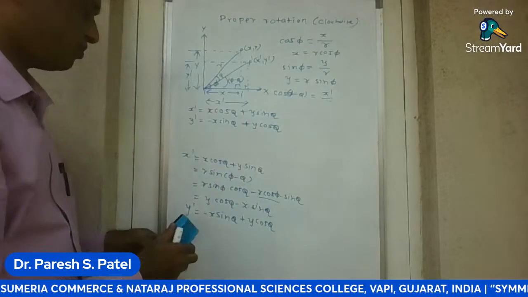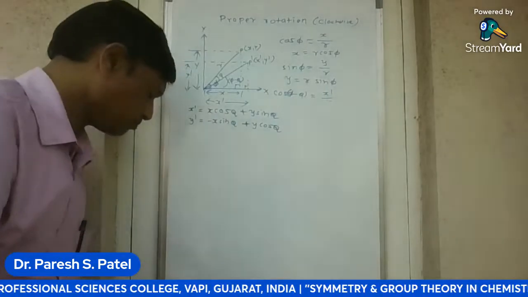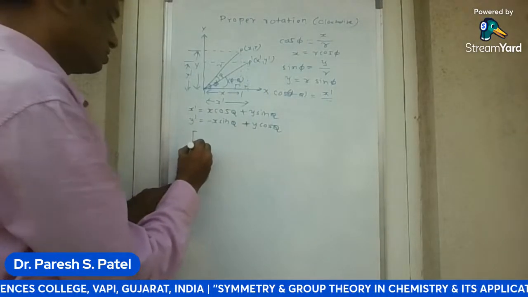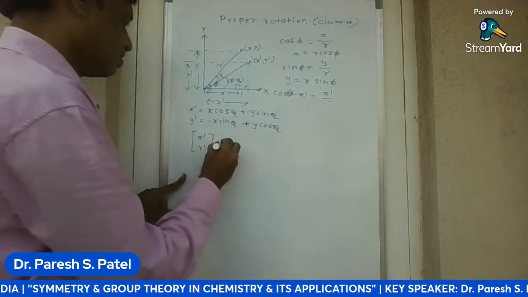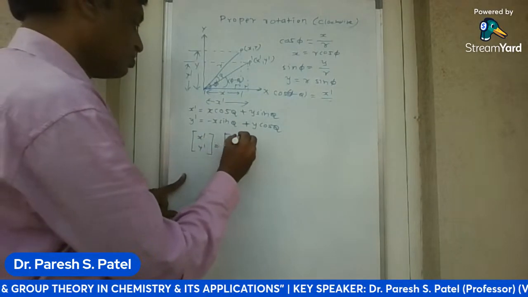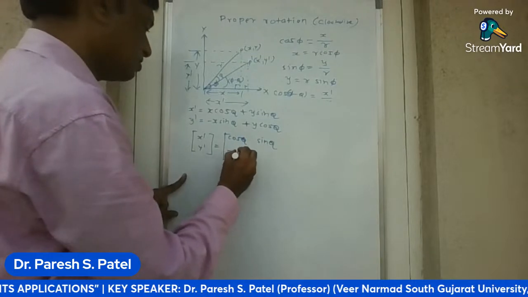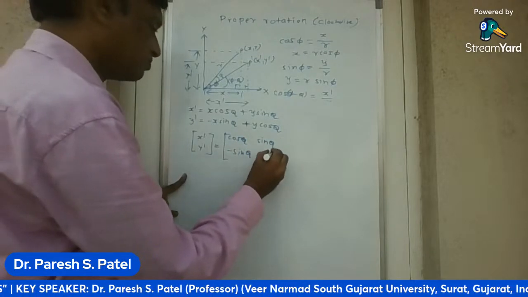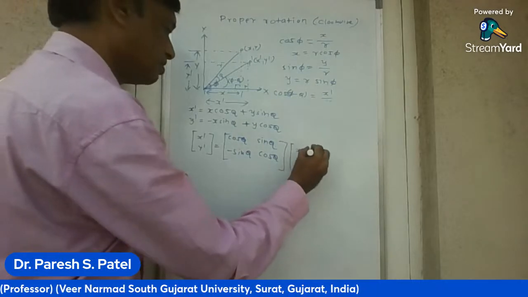Okay, now we can represent this two-dimensional system in the form of a matrix. x dash, y dash is equal to the matrix cos theta, sin theta, minus sin theta, cos theta, times x and y.